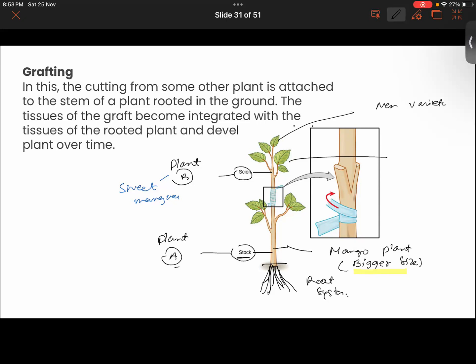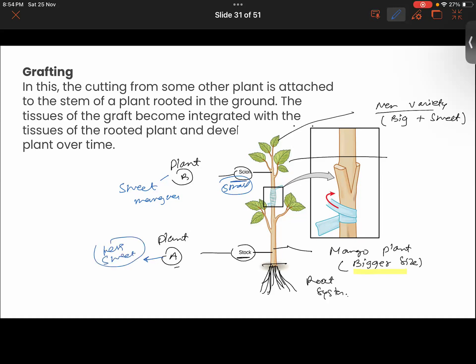What kind of new variety? The mango that will grow on this plant now will be big in size plus sweet also. Earlier, the mangoes growing on plant A were small in size, and on plant B they were less sweet.